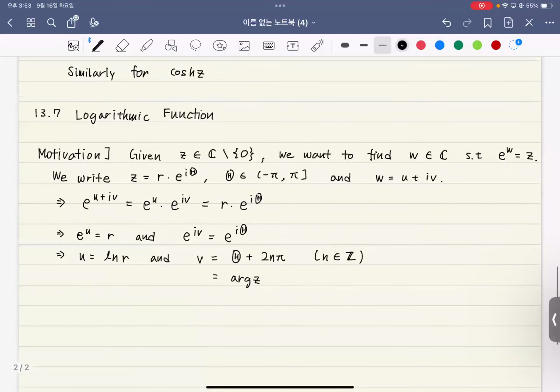Therefore, the number W should be the natural log of R plus i times the argument. And I'm going to denote this number as natural log of Z.